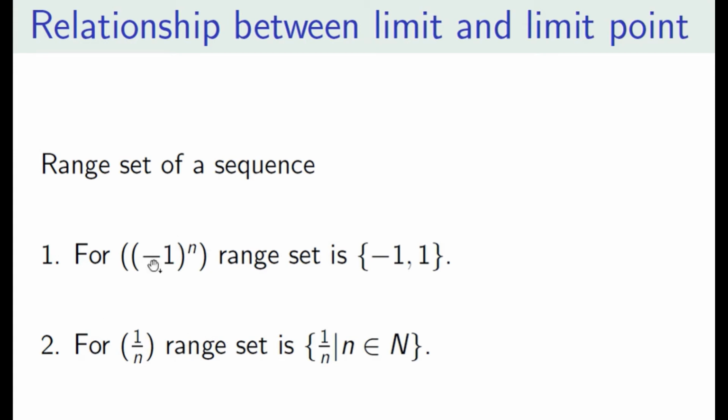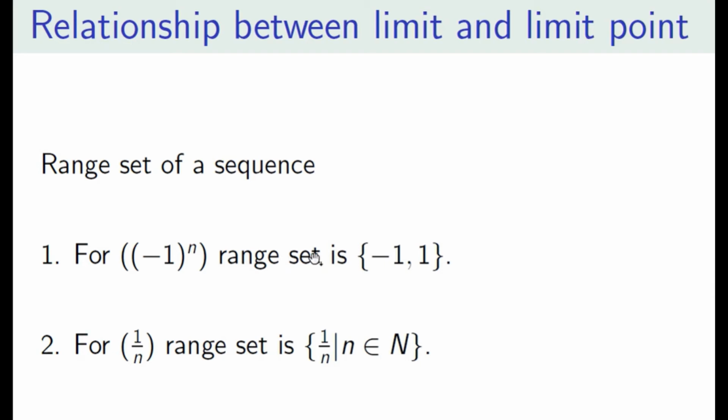Before we move on to the next slide, one thing you have to understand is that corresponding to each and every sequence there is a range set. It can be finite, it can be infinite, but there is certainly a range set. If you give me a sequence, then corresponding to that there is a unique range set in each case.